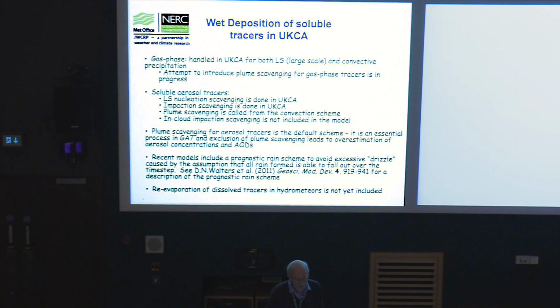And there's an additional process which I call plume scavenging, which is called from within the convection scheme. So where there's updraft and precipitation formation, we remove tracer. Plume scavenging for the aerosol tracers is the default scheme. I don't think there's any way of turning it off from the Rose edit panel, and you wouldn't want to anyway.